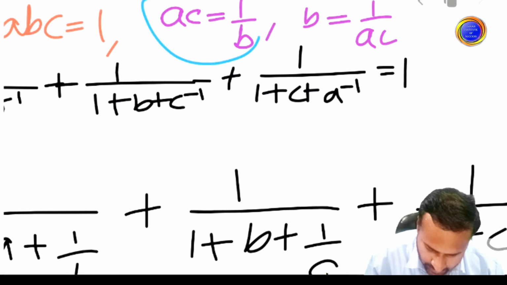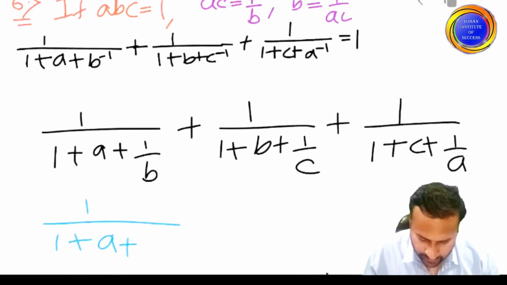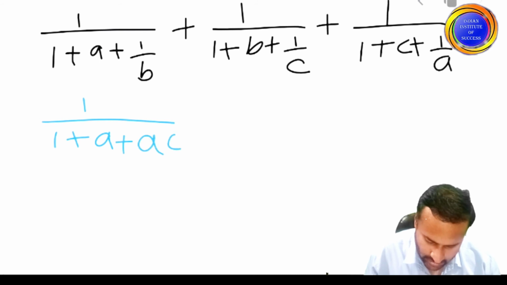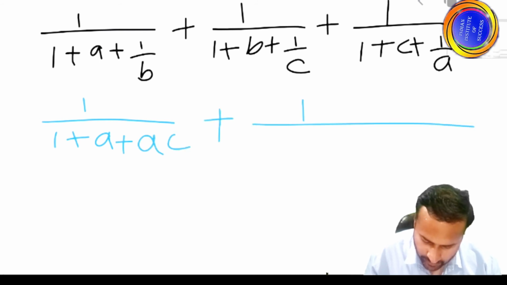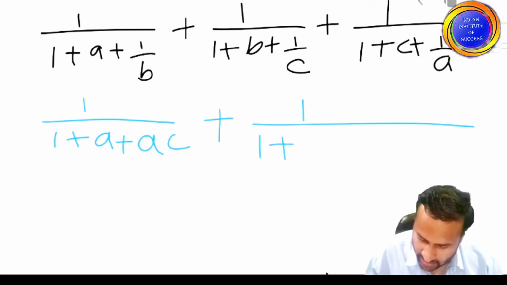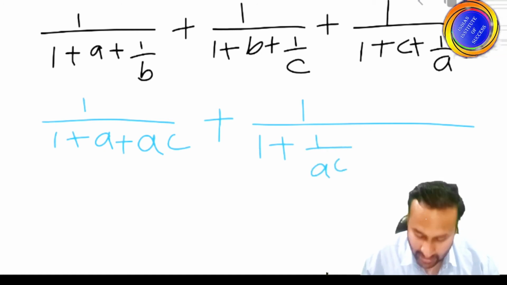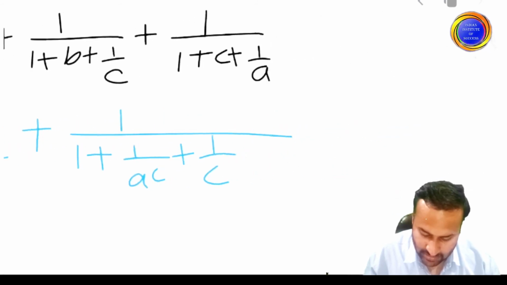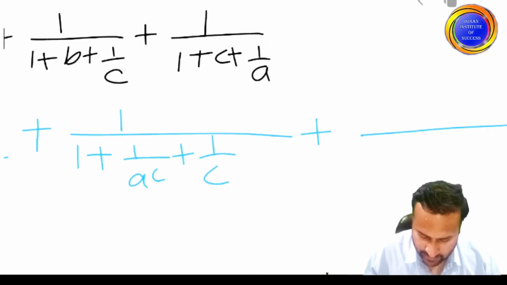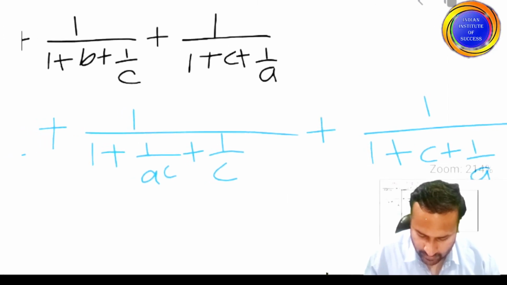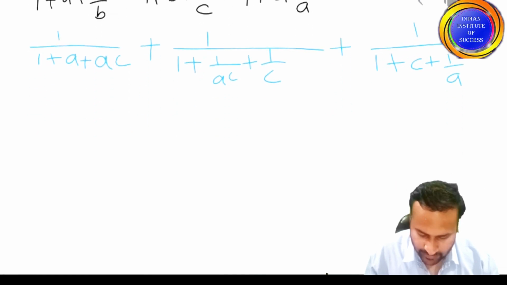Then instead of b I can write 1 upon ac. I hope you are understanding this. We have to replace wherever b is there by the term. Now students, give attention.